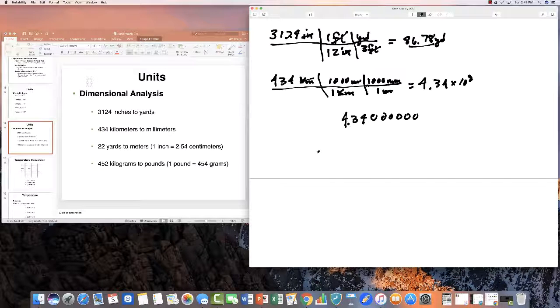The next one is 22 yards to meters, and I've given you a little help here. So you have 22 yards. Remember, 1 yard is 3 feet, and 1 foot is 12 inches. And I've shown you here that 1 inch is 2.54 centimeters.